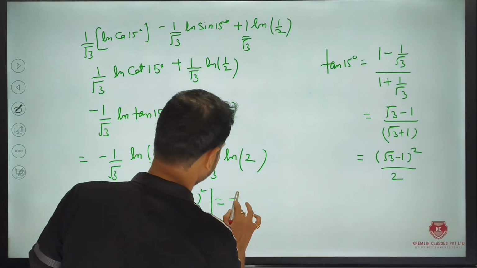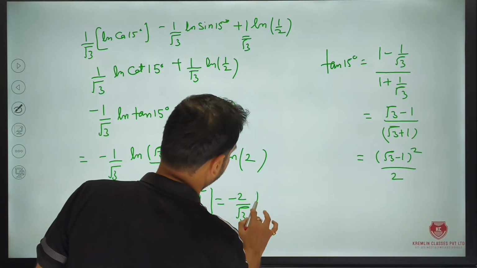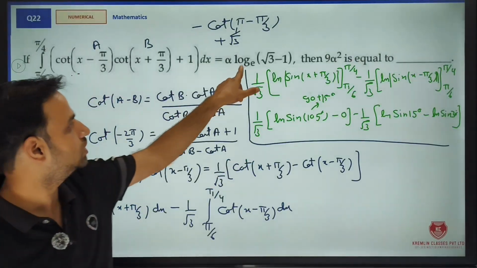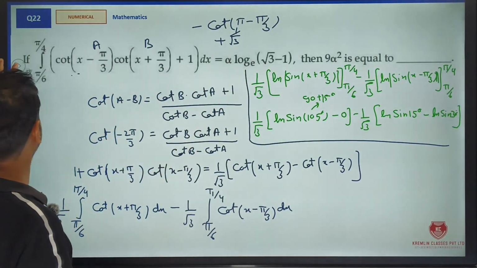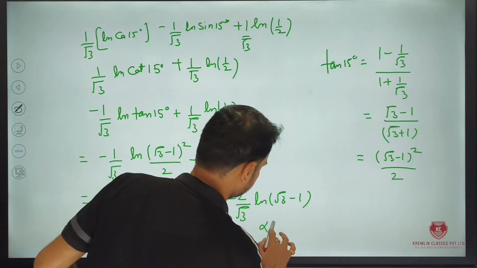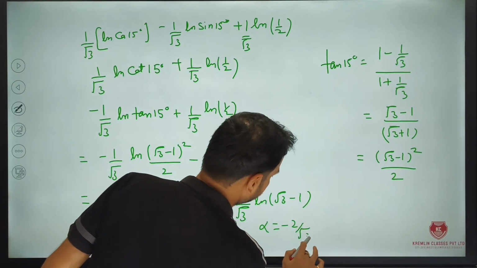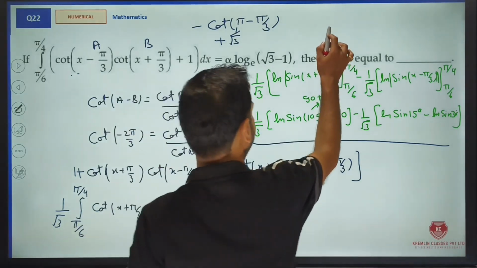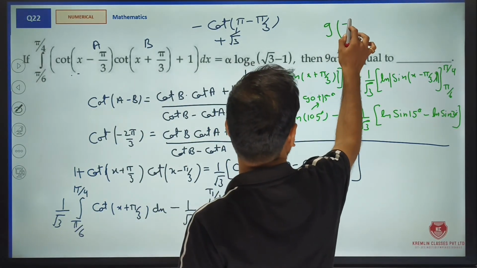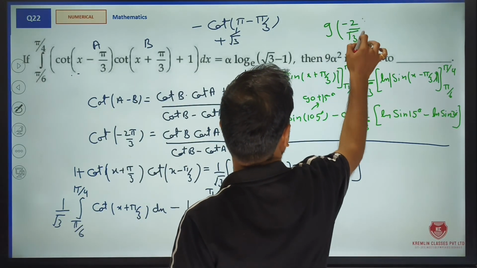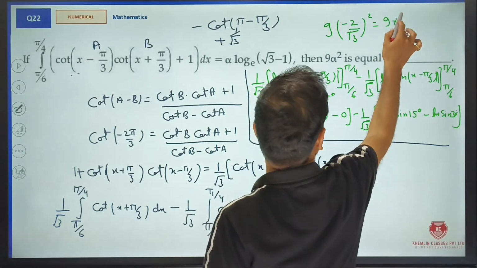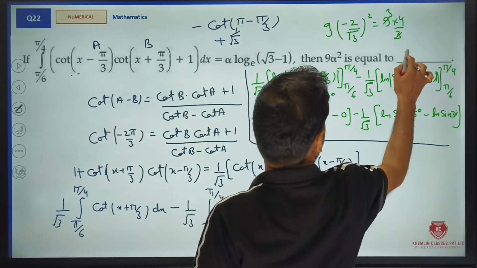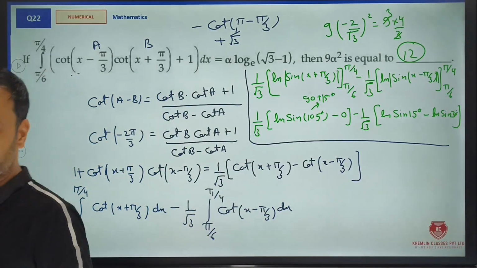The final answer will be minus 2 by root 3 ln root 3 minus 1. And what is given in the question is the same, so alpha should be minus 2 by root 3, and what we need to find is 9 alpha square. So 9 alpha square is 9 into 4 by 3, that is 12. So the answer is 12.